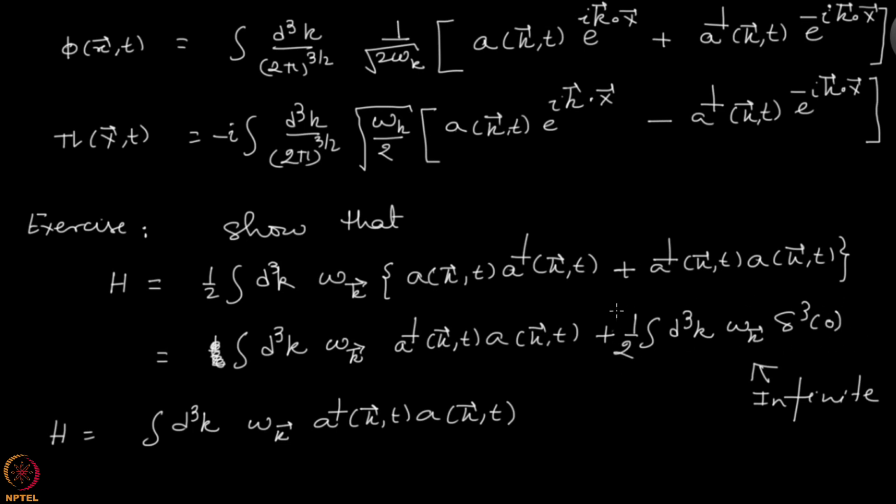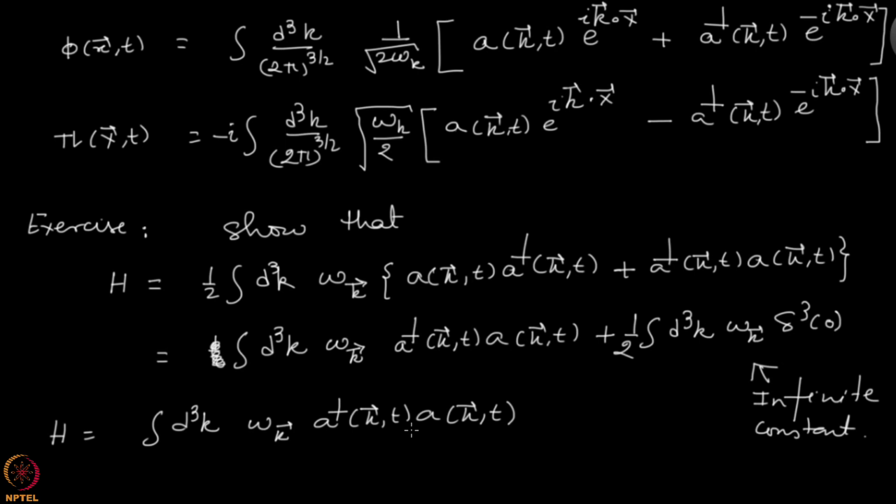Where to choose the 0 of energy is up to us. Once we have chosen it for the entire system, we are fine. So that's an infinite constant, and I have this as the Hamiltonian.